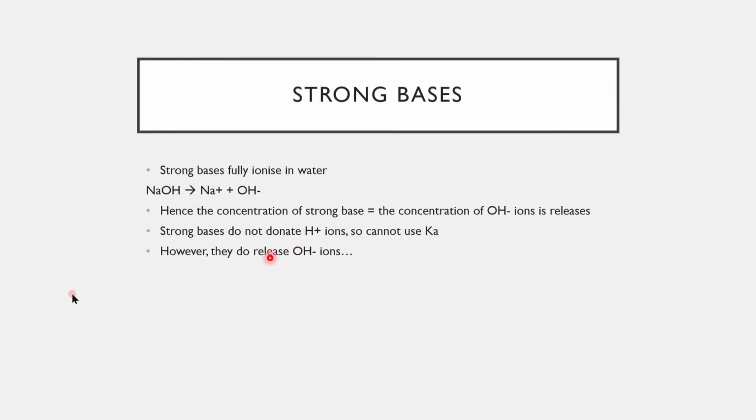However, our strong bases do release OH minus ions, as seen in this equation. And we have seen an equilibrium constant including OH minus ions: Kw, as we have introduced in this video.